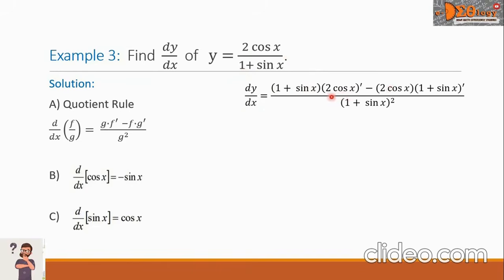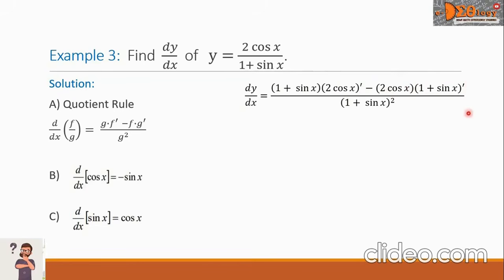So this is 2 cosine x prime. Then minus, we will copy the numerator 2 cosine x times the derivative of the denominator 1 plus sine x. That symbol here again shows derivative.